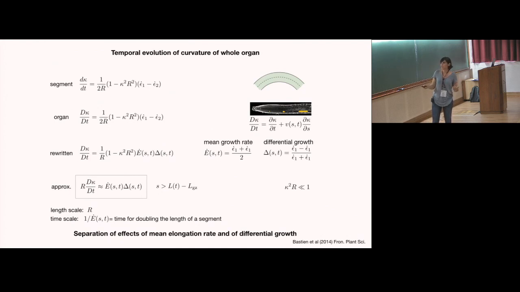In this case, I can just disregard this part here, and I get this linear form. This is very nice because I can see that the change of curvature in time is basically a multiplication of two effects, the mean elongation and the differential growth. So if either one of these is 0, although they're separate things to some extent, I will not get a change in curvature. There was a question?